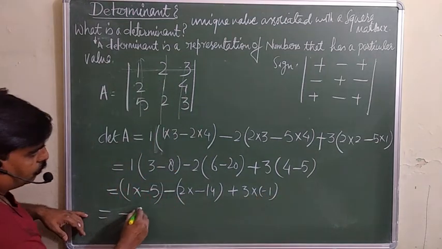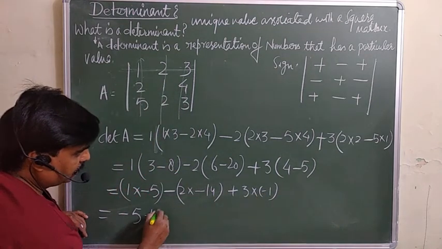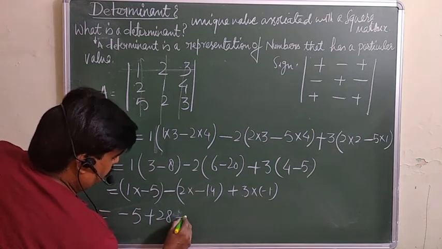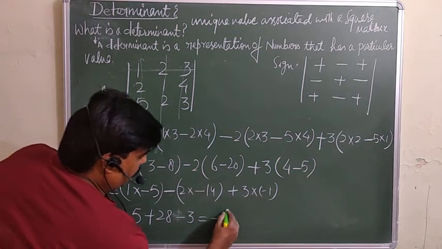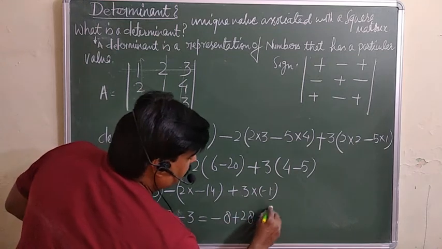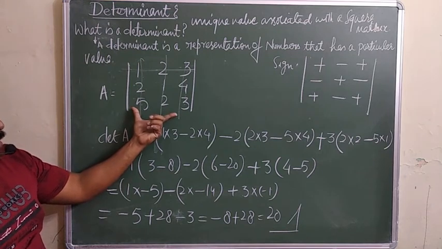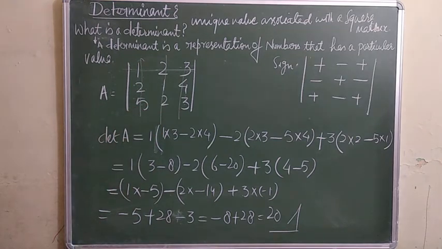Here is minus 5, then plus 28, and 3 into minus 1 is minus 3. So this is minus 8 plus 28, that is 20. So this 20 is the determinant of this square matrix. Have a look.